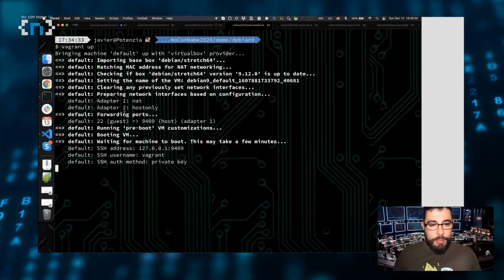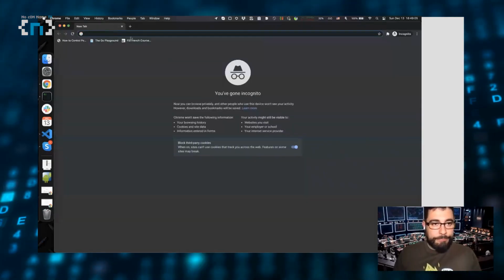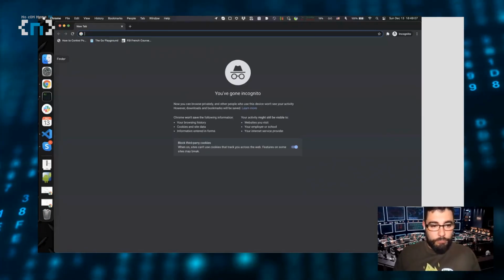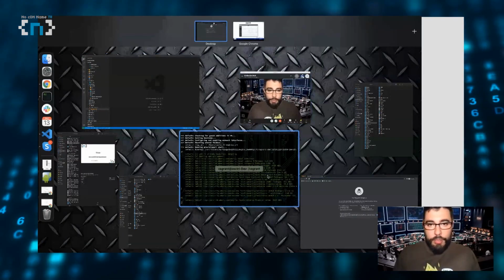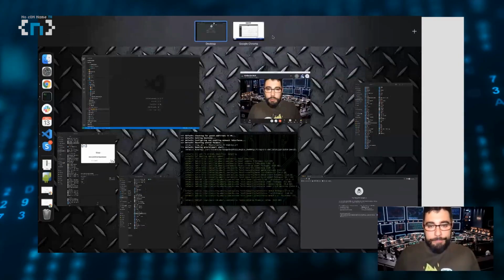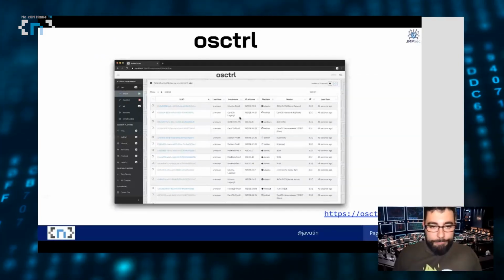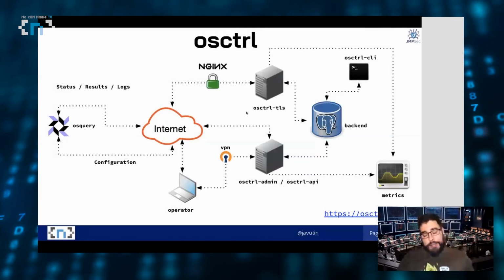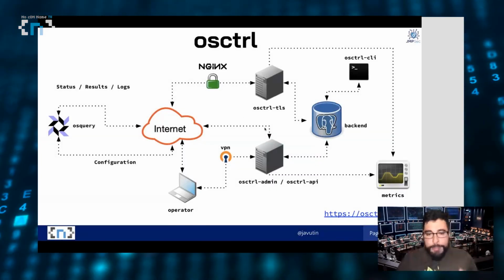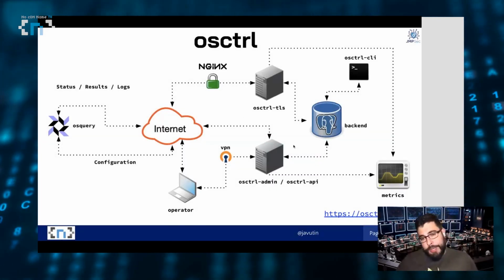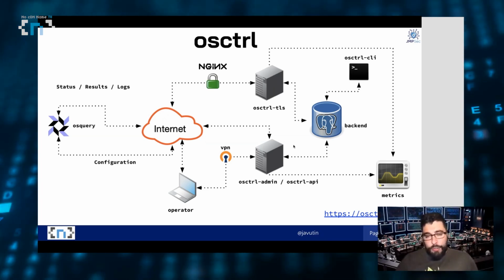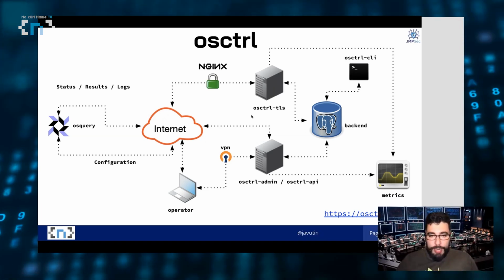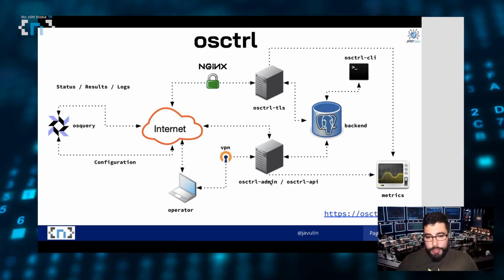And in the meantime, let's discuss a little bit. One thing I want to talk about while OS control is building is how originally OS control admin was just one component.